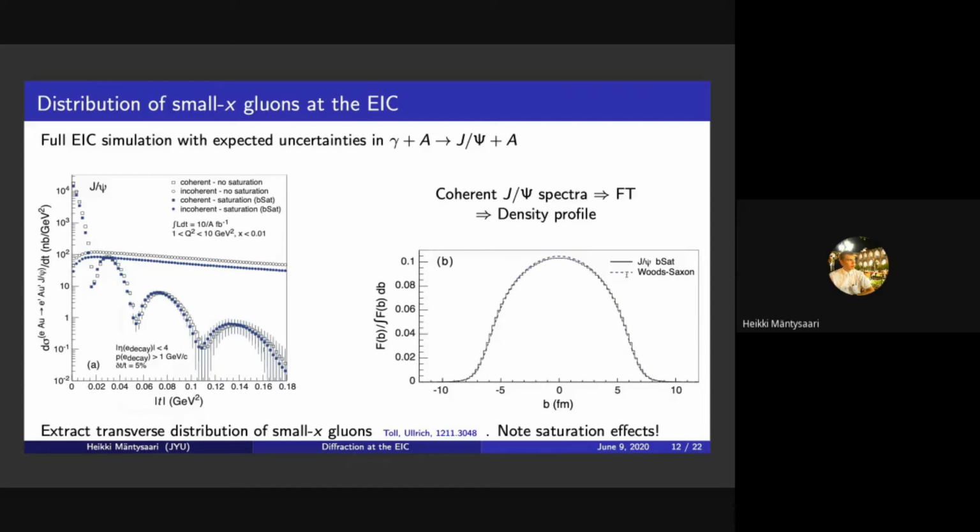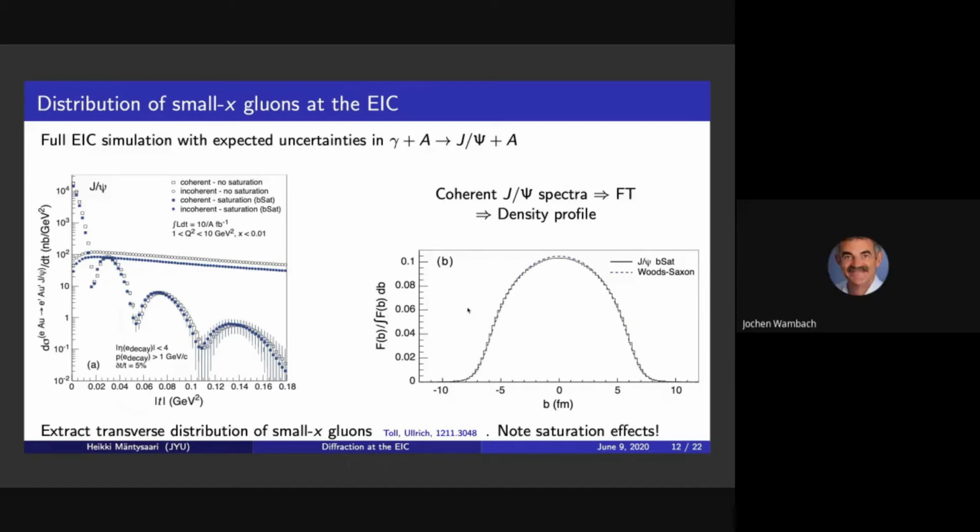Of course, if this in reality differs from Woods-Saxon, then you see something else. But this is a demonstration that with EIC precision, you can very accurately map also the nuclear geometry at small x. I should emphasize that when you do UPCs at the LHC, none of these experiments is capable of measuring these cross sections differentially in t.